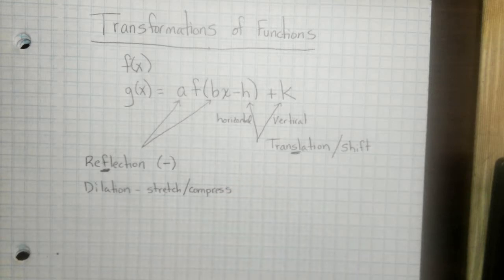So back in geometry, when we had a dilation, we had a closed figure, and we said that that dilated and it made an enlargement or a reduction. When we talk about the functions dilating, we talk about them stretching or compressing. So it's the same idea with a little different vocabulary.